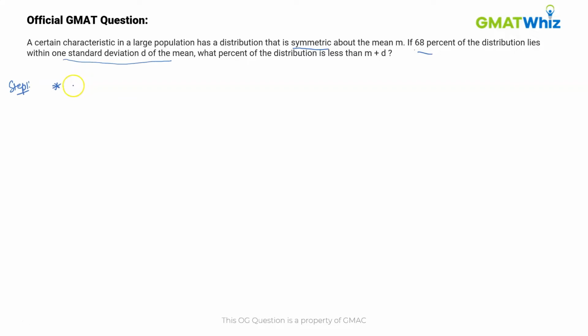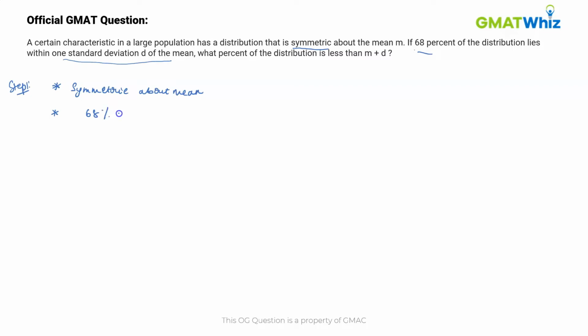So, the first point is that the distribution is symmetric about the mean. This means that the mean will divide the data into two equal halves. Also, we know that 68% of the distribution lies within one standard deviation.